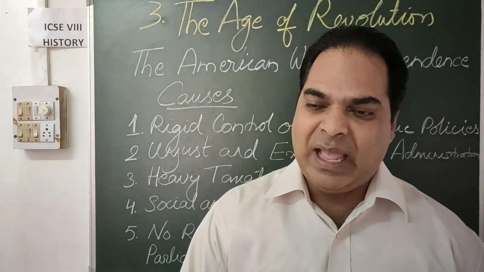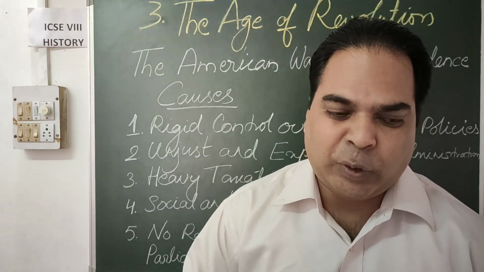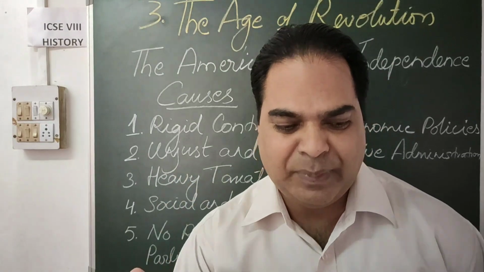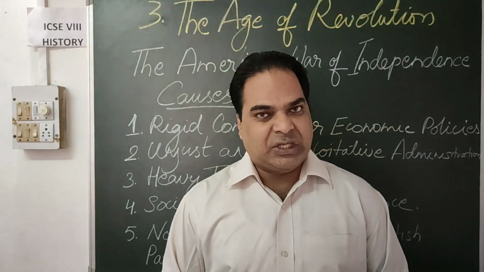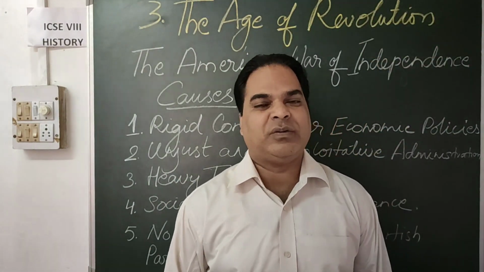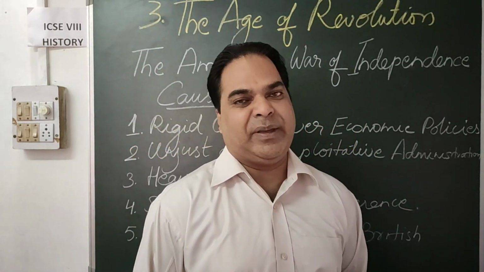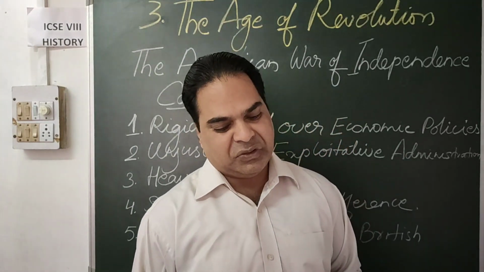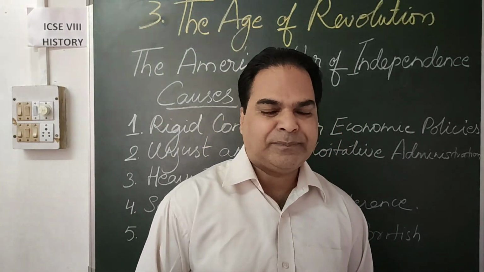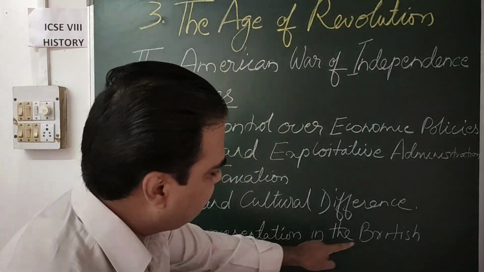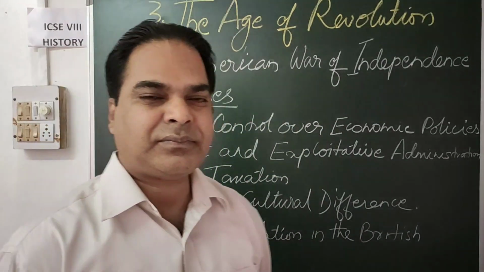The aspiration for freedom went on growing in the minds of the people, and they wanted a separate independent nation, free from British control. So that is all about social and cultural differences. They developed a separate identity as Americans, not as Britishers. Did you understand?